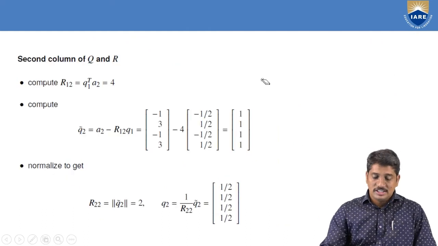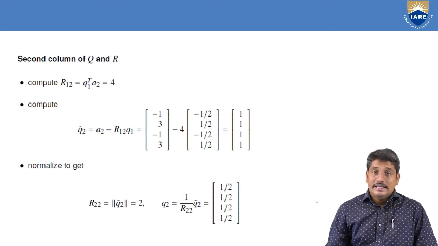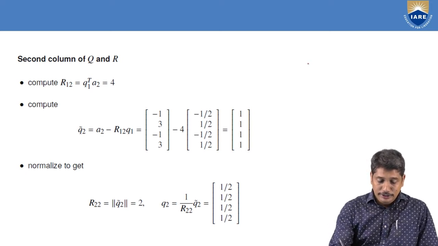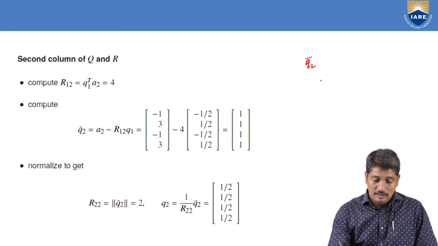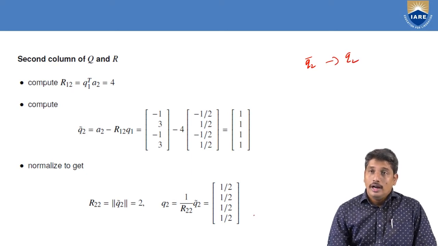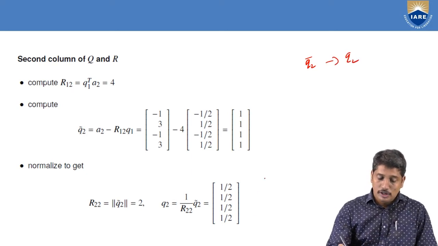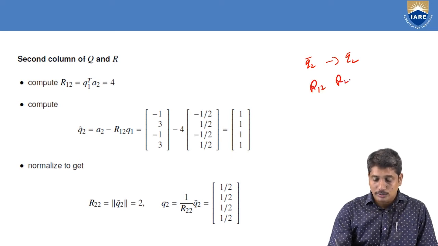When we move to the next part, we are going to calculate q2 bar, and hence we will calculate q2. During this process, we also calculate R12 as well as R22.